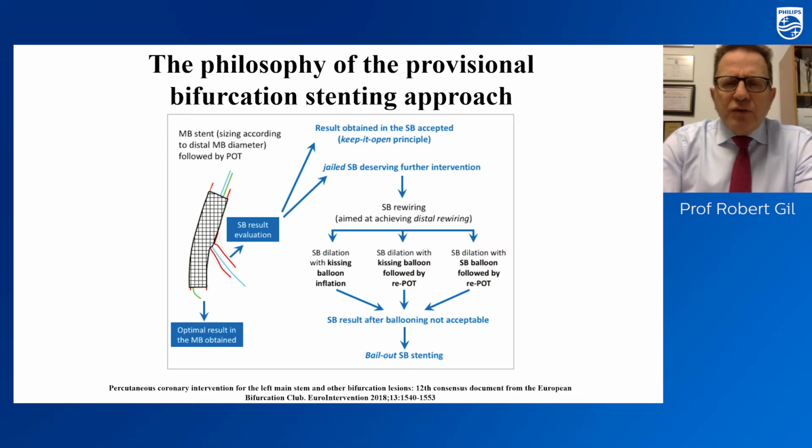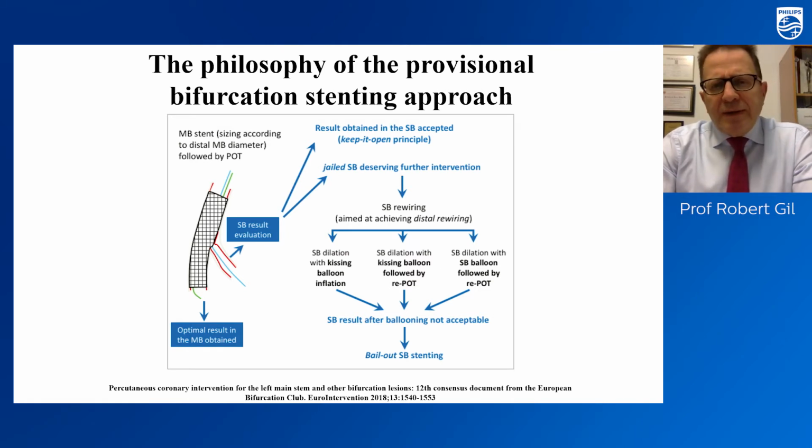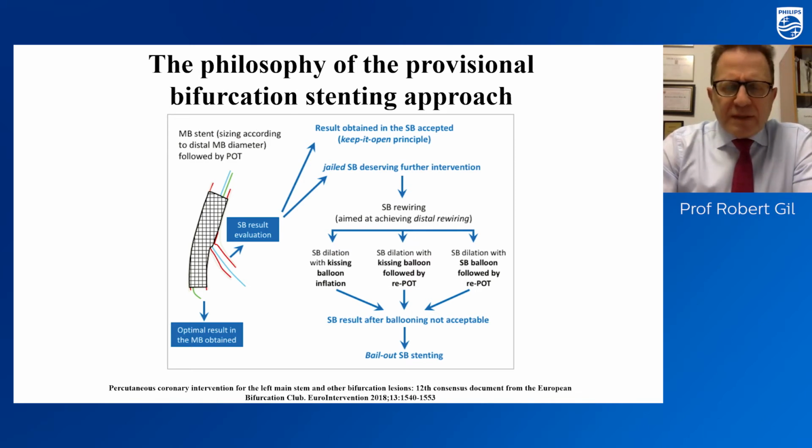In this slide, you can appreciate the truth that provisional stenting doesn't mean we forbid next steps to improve the results of main vessel stenting. Here you can appreciate that when you are not happy with the result, you should take action.